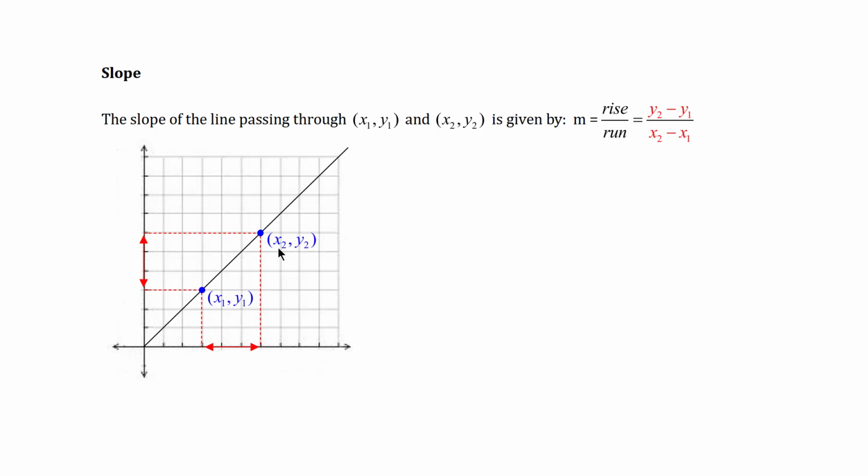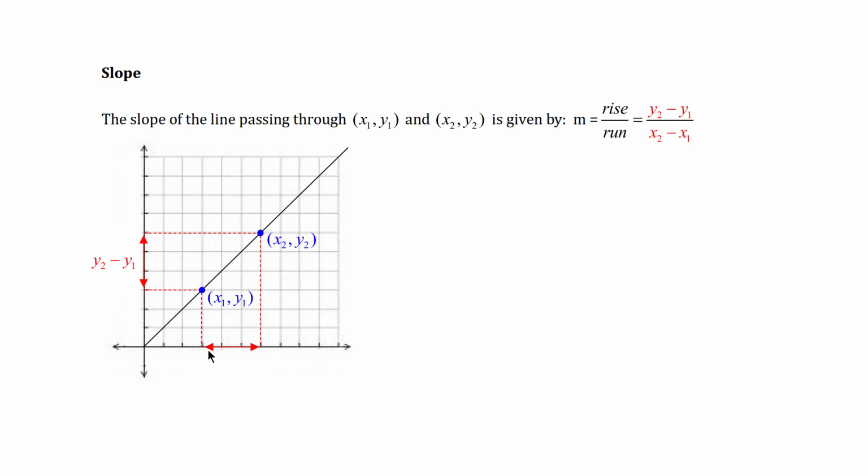First, we need to find the rise. The rise is the vertical distance between these 2 points. To find the vertical distance, we just take the difference between the y coordinates. You can see over here the vertical distance is represented by y2 minus y1. To find the run, we need to find the horizontal distance between these 2 points.